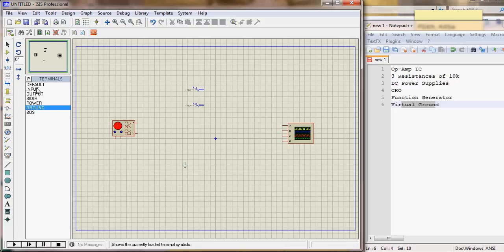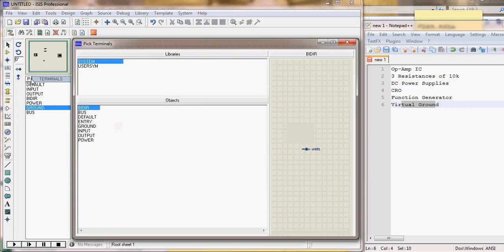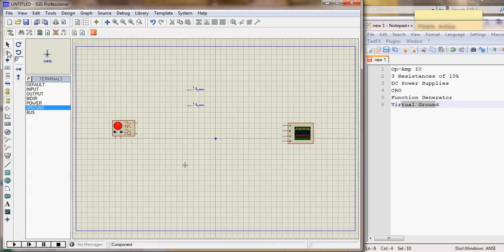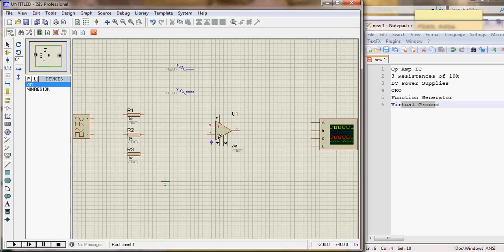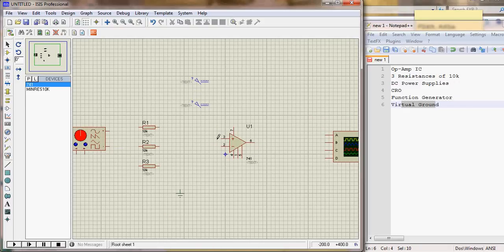So we got all the objects. Here is the resistance, first one, second one, third one, and here is the IC 741. Now design it as per our requirement.